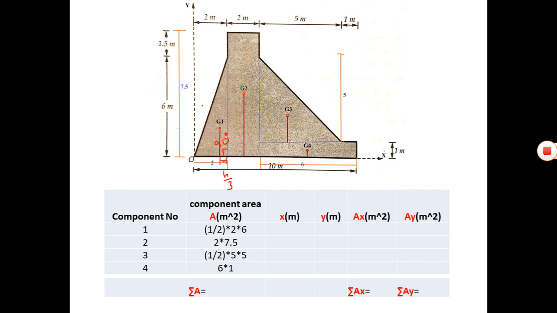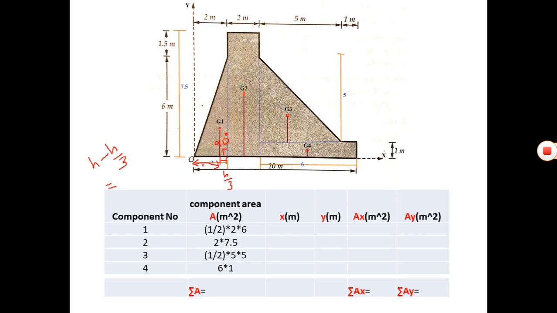So if this distance is h by 3, then what about this distance from here to here? It will become h minus h by 3, so it will become 2h by 3.